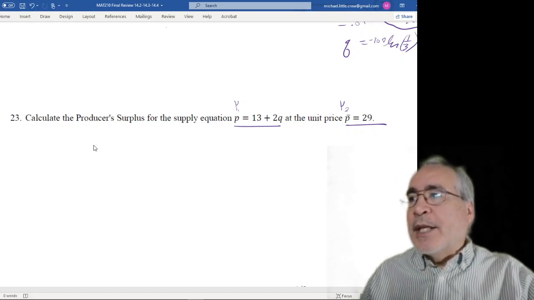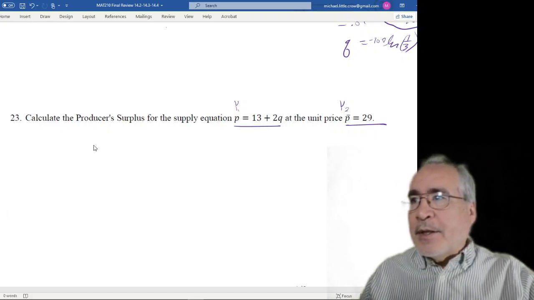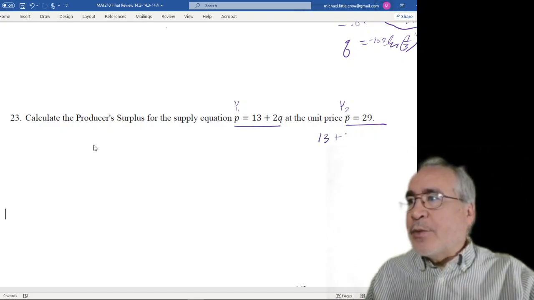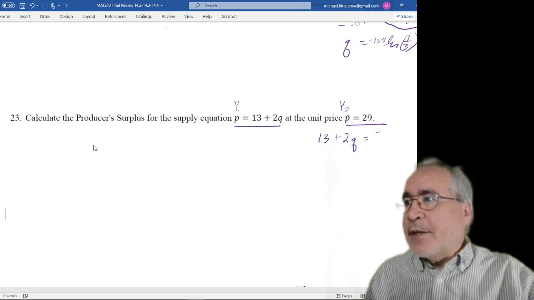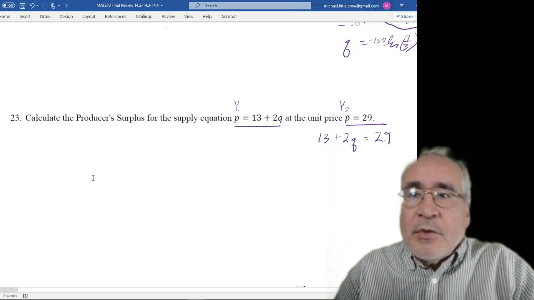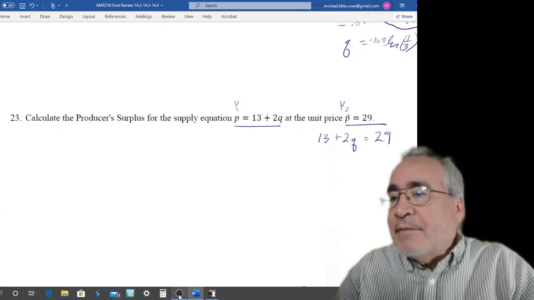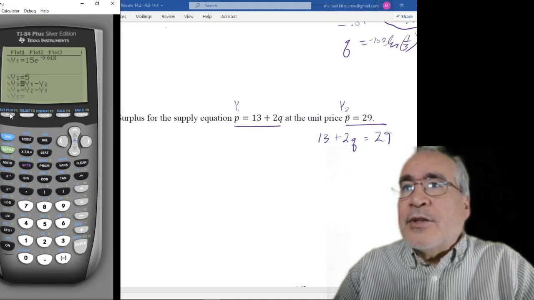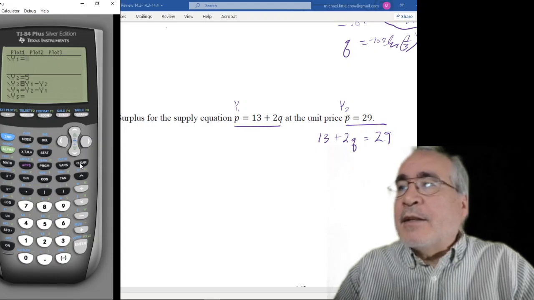We could also do it manually by 13 plus 2q equals 29. That's what we're doing, but we're going to do it graphically because we've got to graph it anyway. But do it both ways just to get some practice and make sure, because sometimes you make an error.